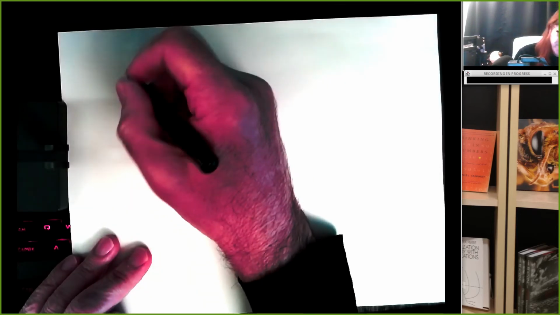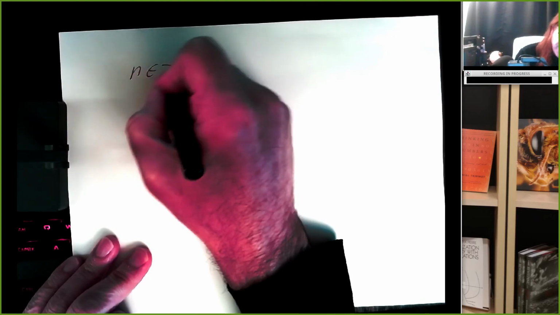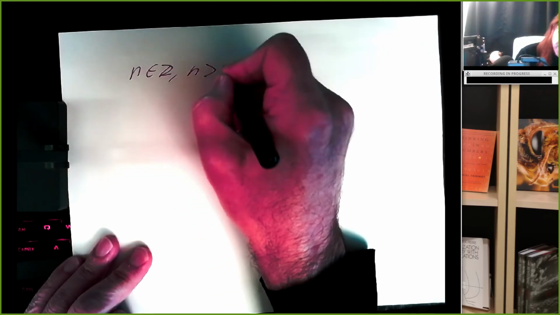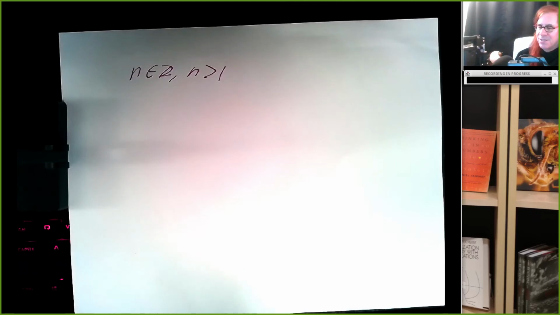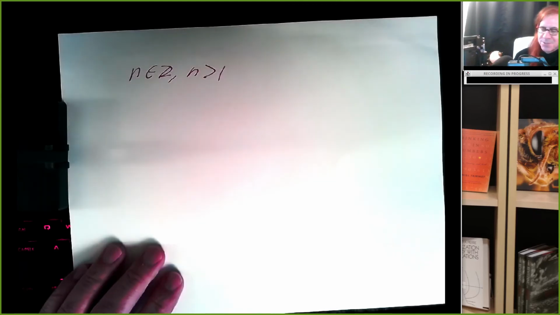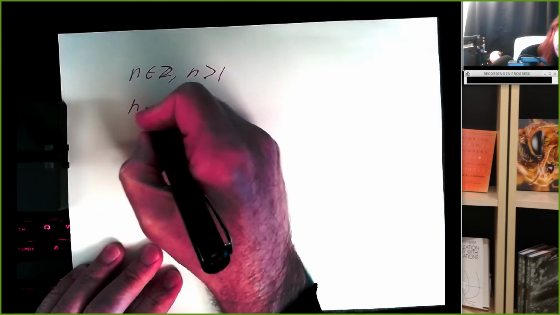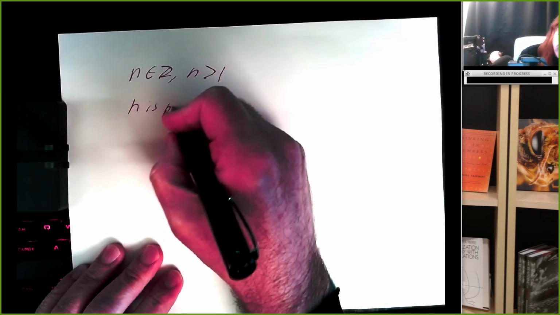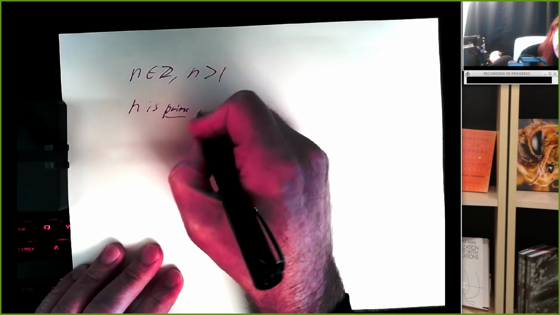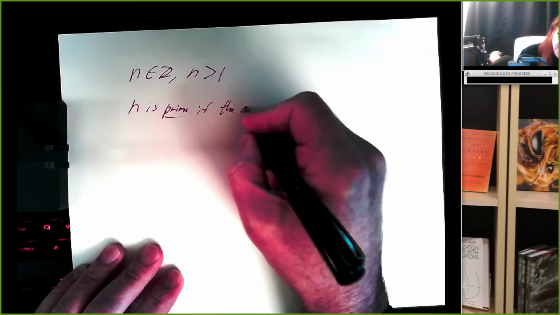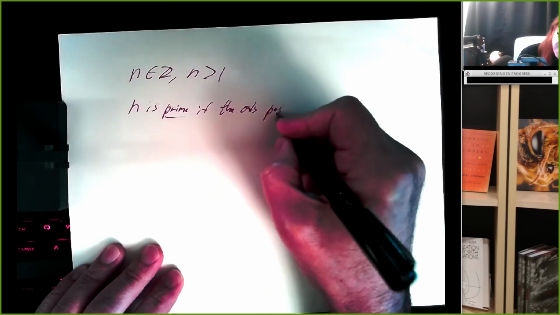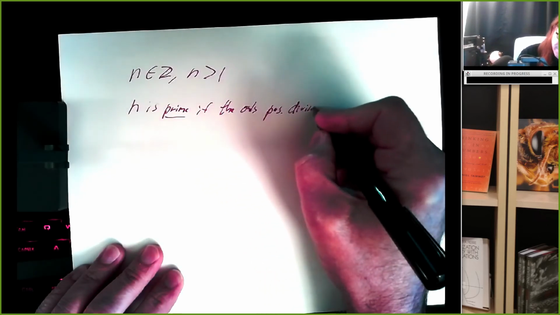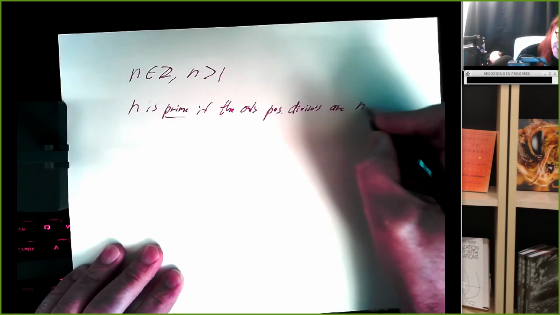And so, definition of a prime number. We have an integer, and it's got to be an integer bigger than 1. We don't talk about 1 being prime. We always start from 2. So n is prime if the only positive divisors are n and 1.